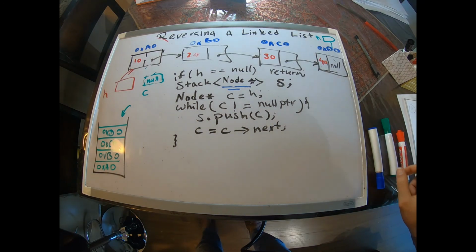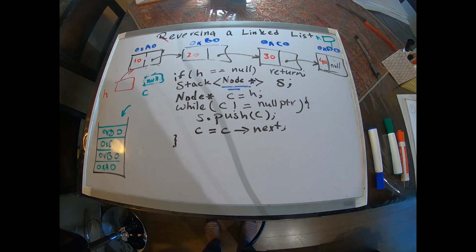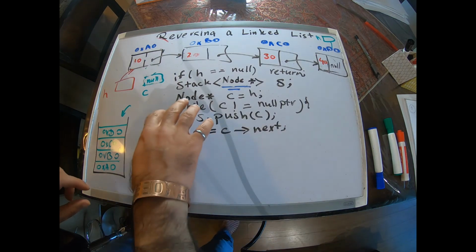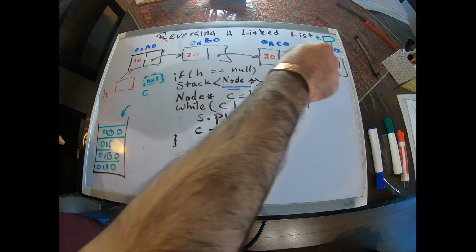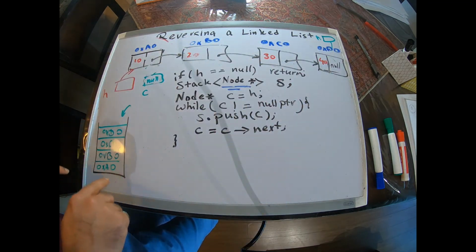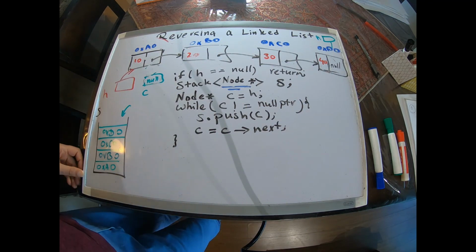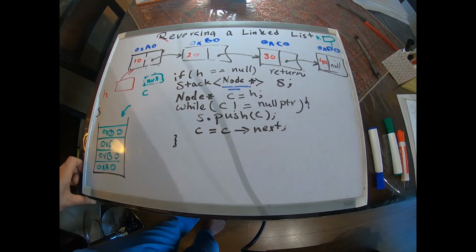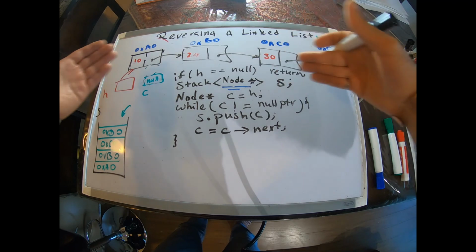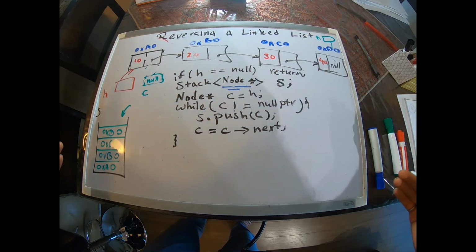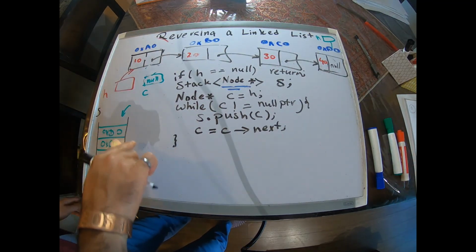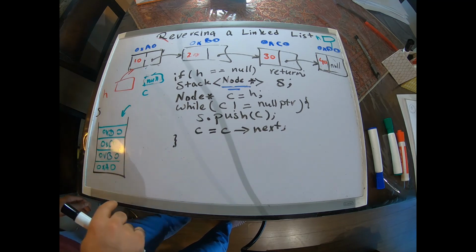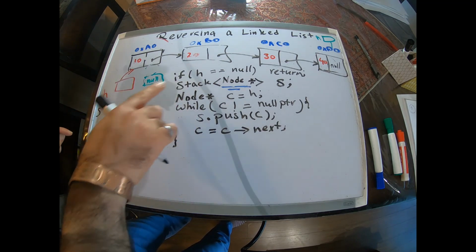So we wrote one loop only to push all the addresses of the nodes into our stack. This is our stack, that has the name S. Now what we need to do? We didn't do any of the actual work yet, but I have all the addresses in the order that I want.